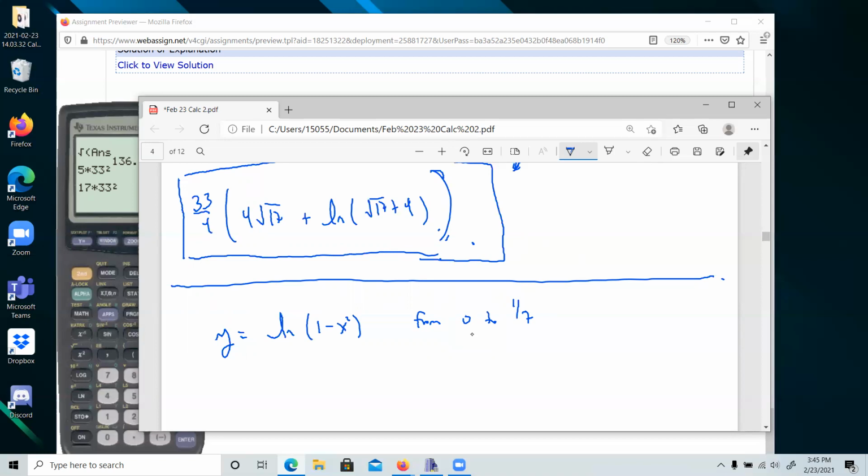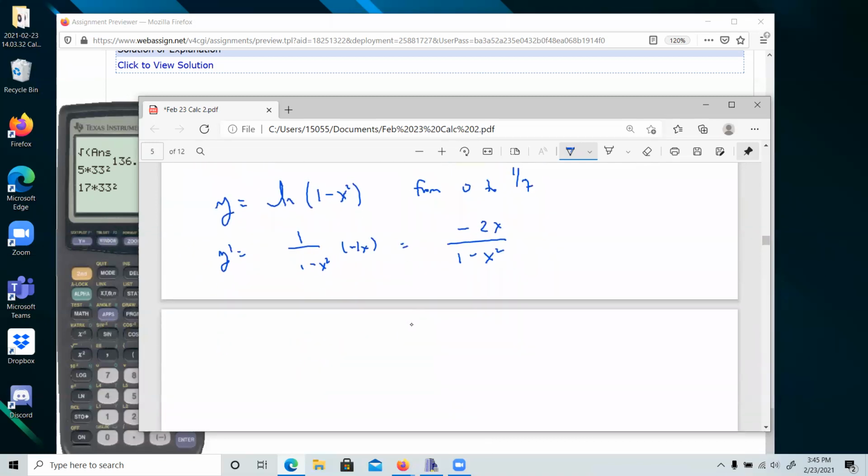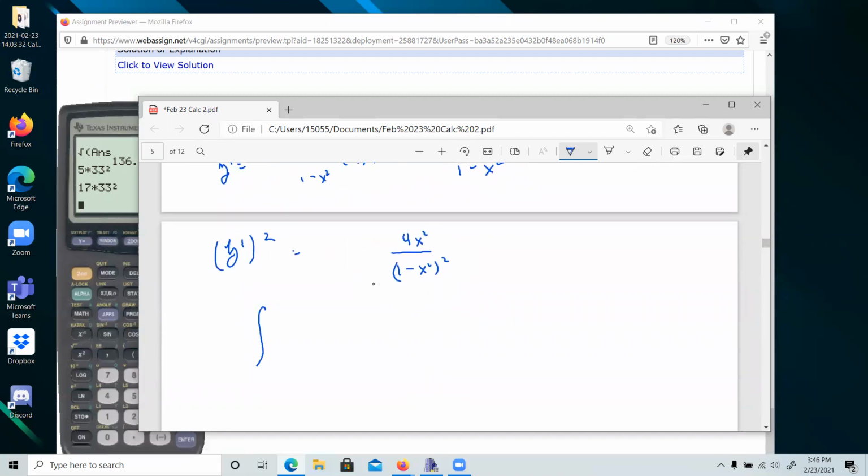So let's see here. Our y prime is equal to 1 over 1 minus x squared times negative 2x. So that is negative 2x over 1 minus x squared. Okay. But now we need to do y prime squared. So that's going to be 4x squared over 1 minus x squared, squared. So what are we integrating? Well, we're integrating 0 to 1/7 of the square root of 1 plus y prime squared.